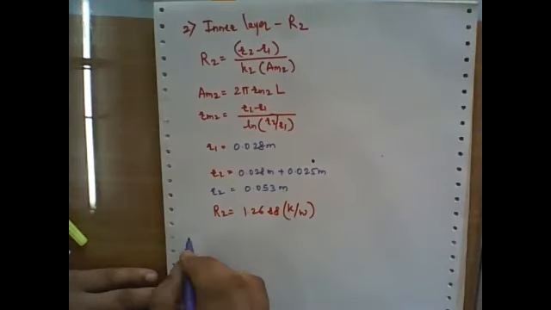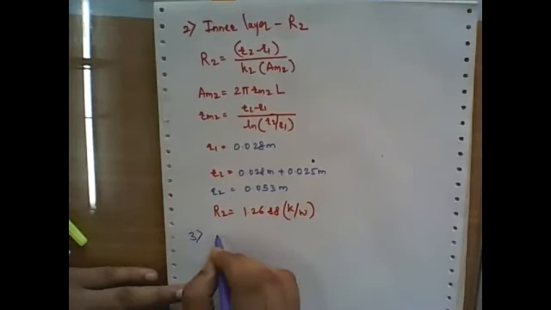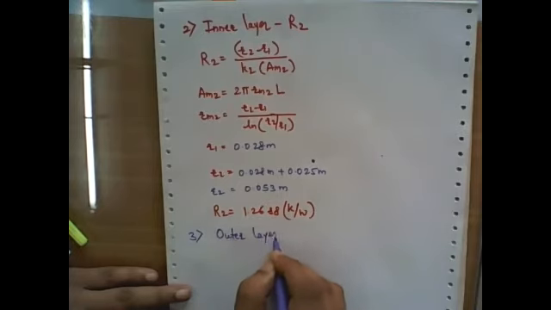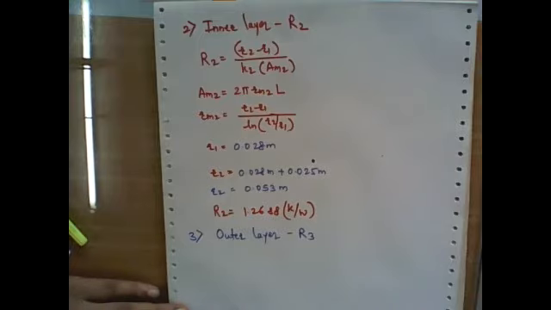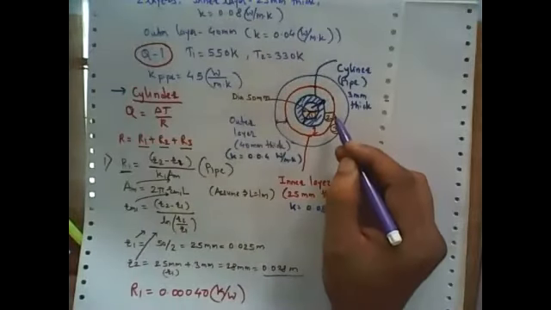Now for the third thermal resistance, that is the outer layer, represented by capital R3, you should again observe this diagram.